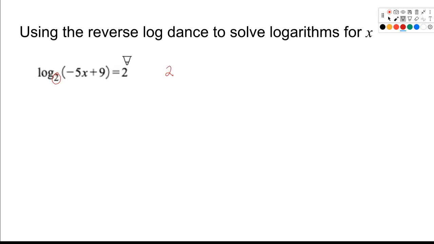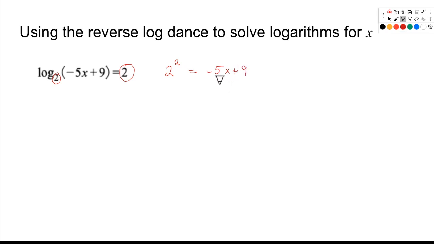What's the exponent going to be? The answer to the logarithm. So notice how there's two items on the left side, one on the right. And so what's going to happen is the two on the left side split, and the one that was by itself now goes up here, and that's equal to the input, so negative 5x plus 9.